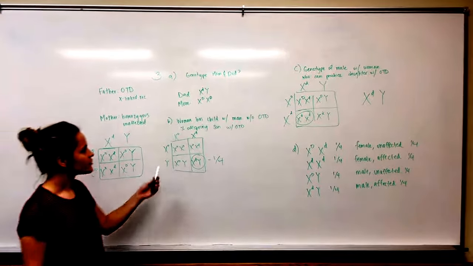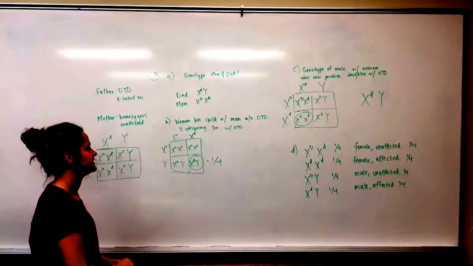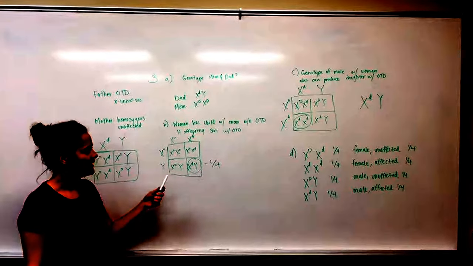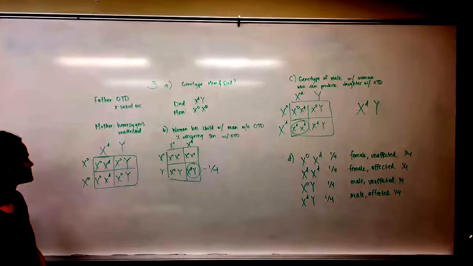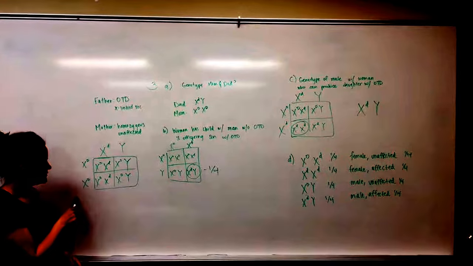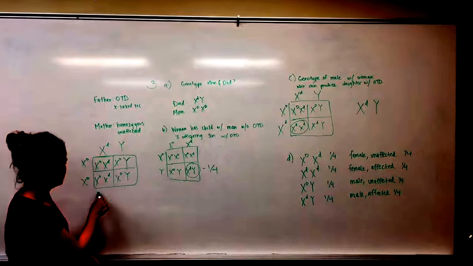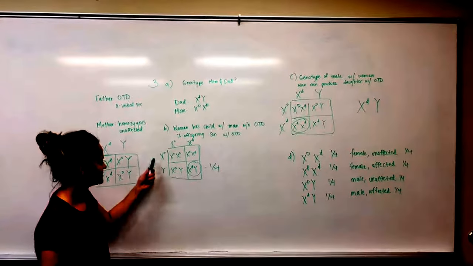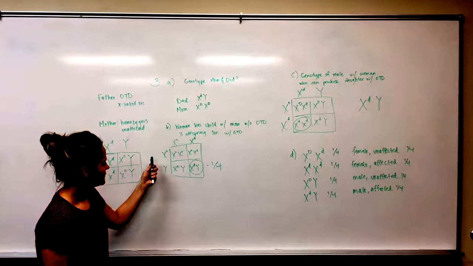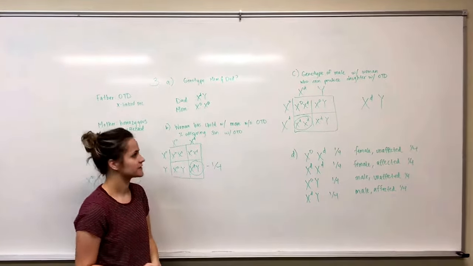Then the woman will have a child with a man who doesn't have OTD, and you're looking for the percentage of sons with OTD. If you cross the mom and the dad, the woman will be heterozygous, and you cross her with a man without OTD, and you get 1/4 for a son that's affected.